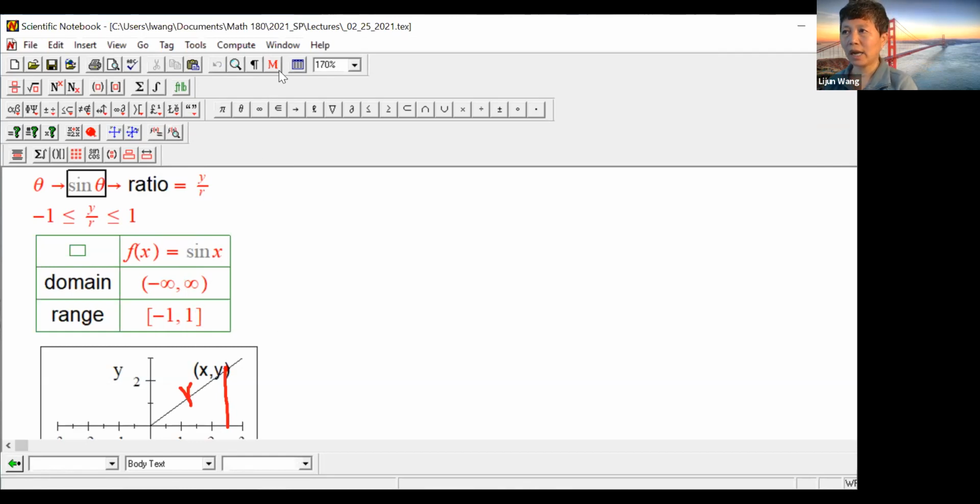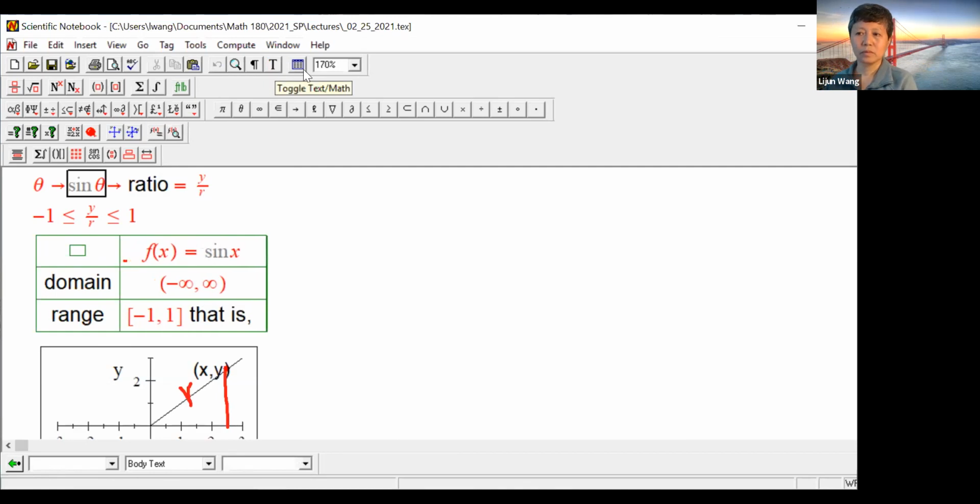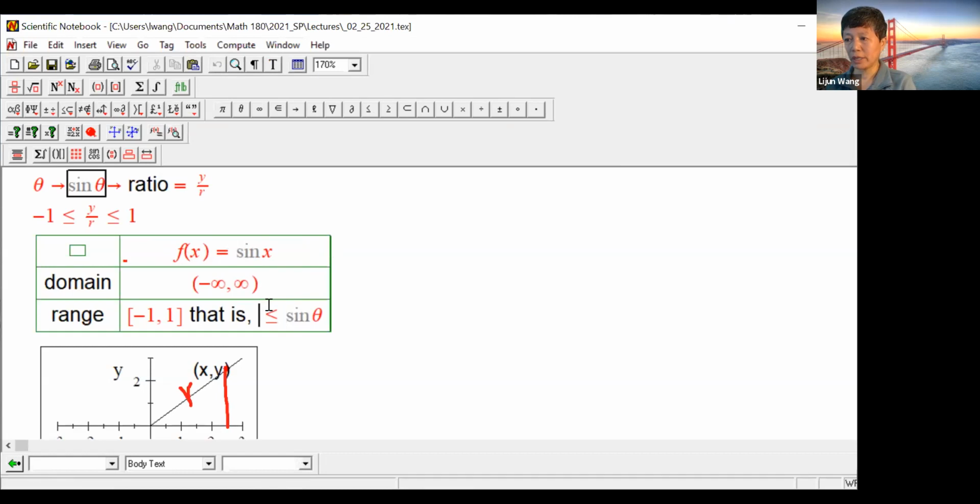Okay, and the sine of any angle. Okay, we'll continue this tomorrow. No, tomorrow is Friday, on Monday. So the sine value is between -1 and +1.